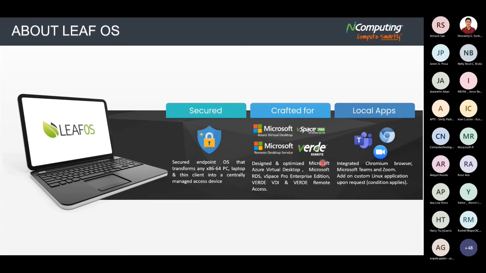On top of that, we have integrated three useful applications we could use immediately. Our Chromium browser, wherein you could already browse the internet or go onto your Office 365 without even going into the platform of, for example, AVD. We have also integrated Microsoft Teams and even Zoom for communication. So these applications are already running on top of your ready connectivity to the various platforms that I mentioned.